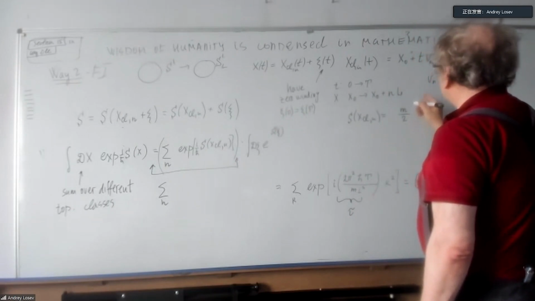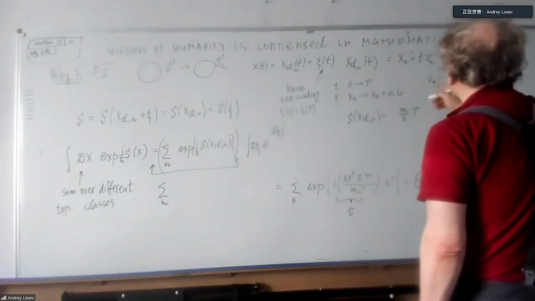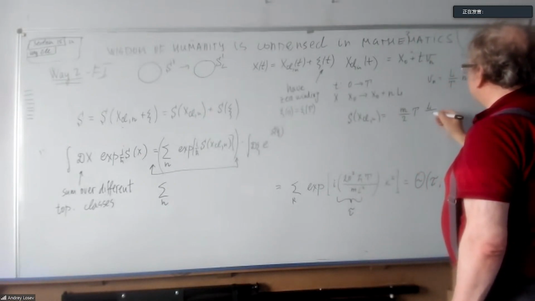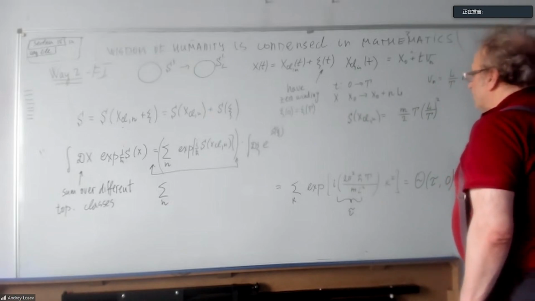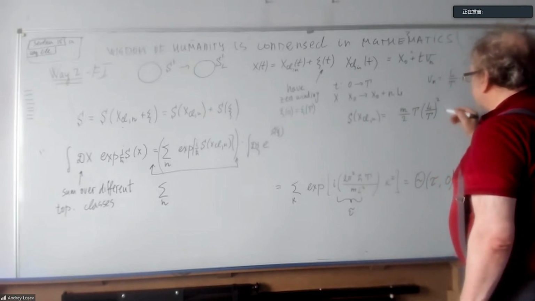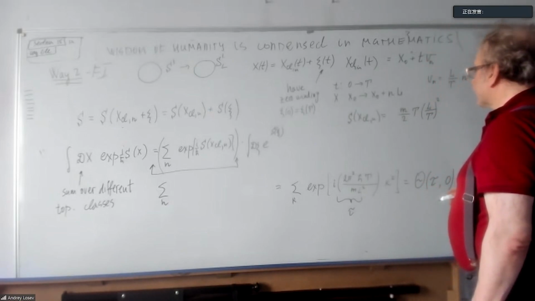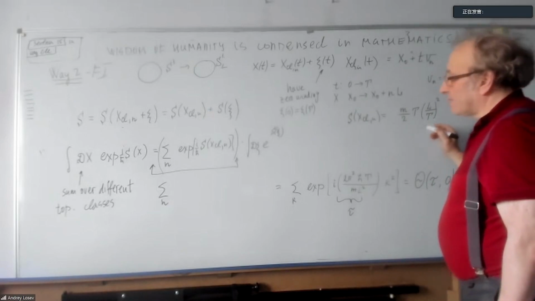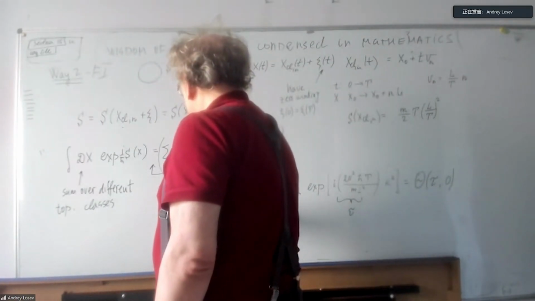M over 2, and here I have T capital, and here I have this constant velocity. So it is a sum of exponentials.